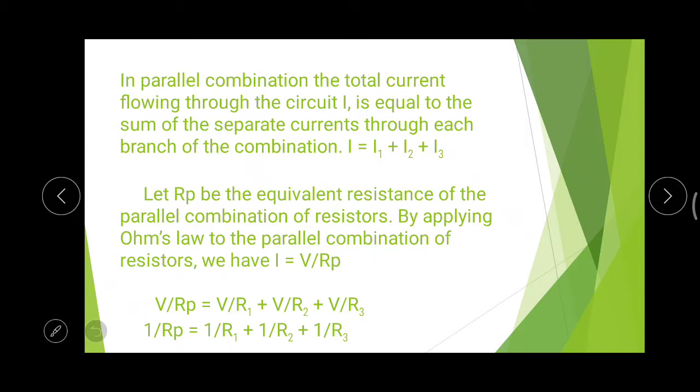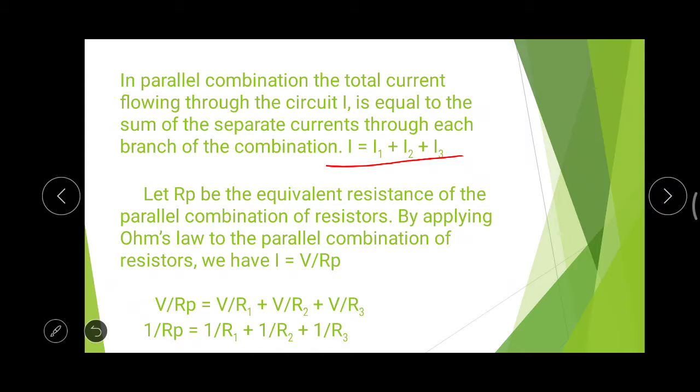As we discussed, in the parallel combination the total current flowing will be equal to the sum of the currents passing through each branch, or each individual resistor. Now you have to use Ohm's law.